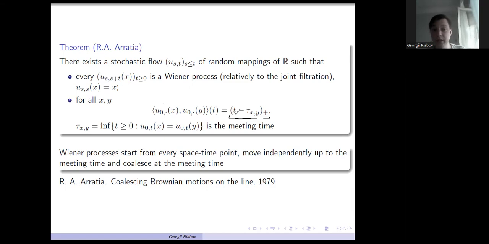So it is equal to 0 before trajectories meet. So tau xy is the meeting time, and it is equal to t minus tau after the meeting time.